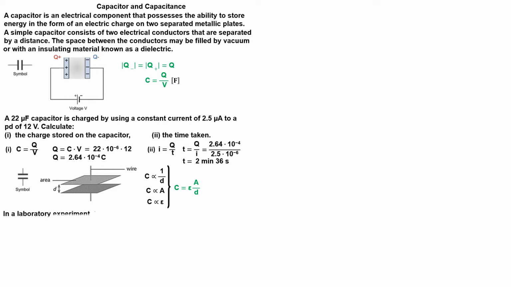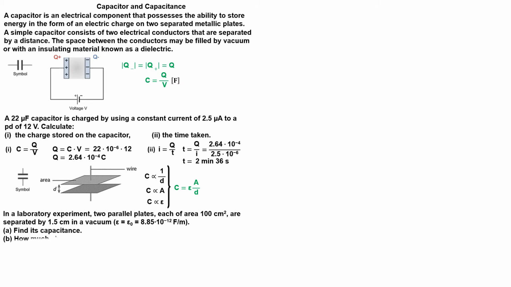In a laboratory experiment, two parallel plates, each of area 100 cm squared, are separated by 1.5 cm in a vacuum. Find its capacitance. How much charge is on the positive plate if the capacitor is connected to a 3 volts battery?